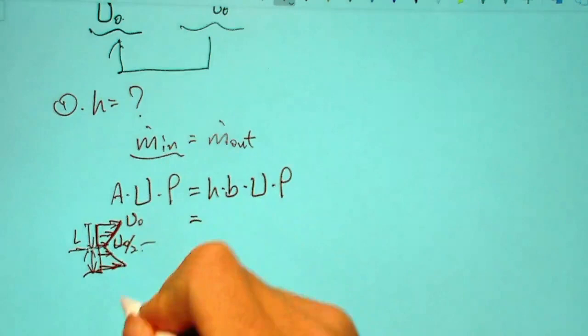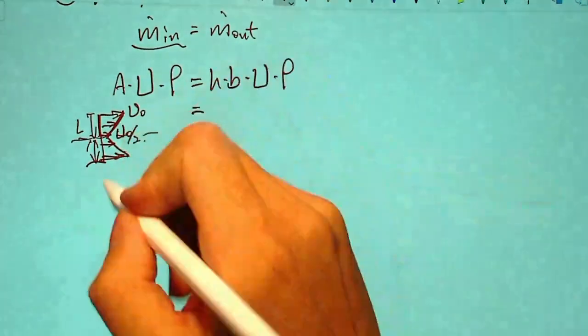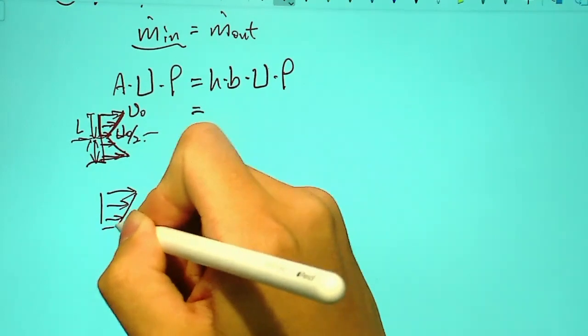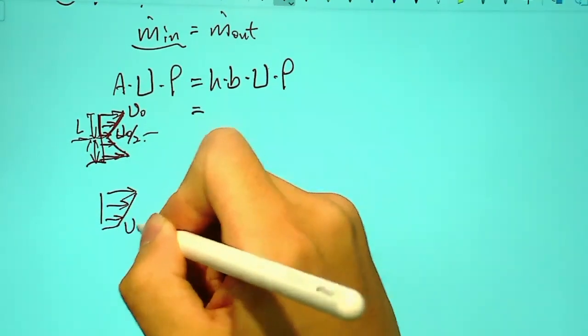For the top half, we have a shape like this. We have half U0 here and U0 here.